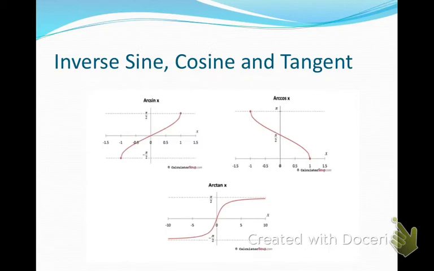So we limit sine from negative pi over 2 up to pi over 2. Cosine is limited from 0 up to pi, looking at the y-axis. And tangent, we don't really need to worry about this, but we only have one iteration of the tangent. It doesn't keep going, we don't see another curve up here or anything. So we only go from negative pi over 2 to pi over 2, just like sine. So these two have the same range.